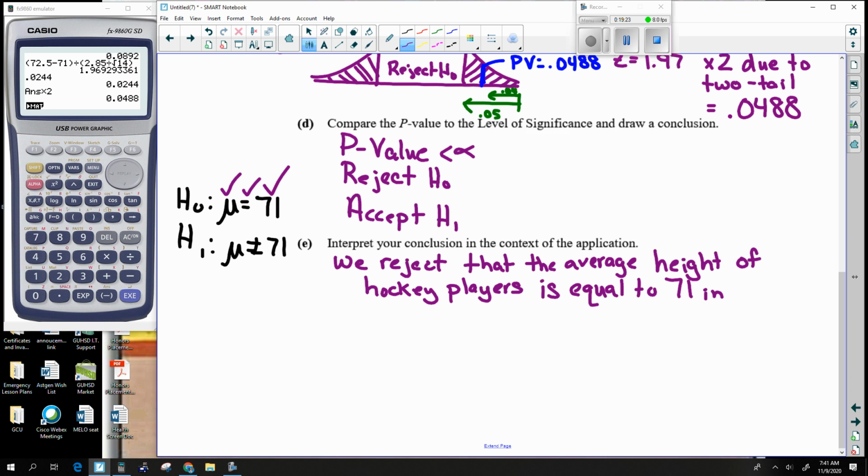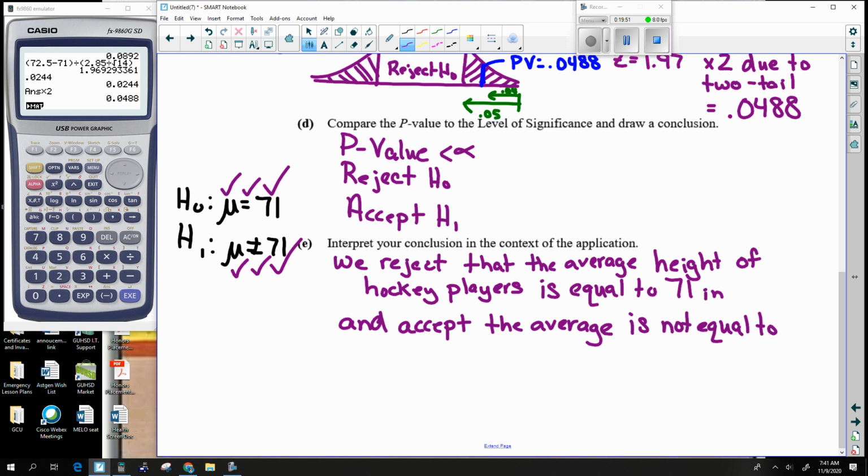So we reject H naught and accept the average. I already used the context, so I don't have to describe that this is hockey players, as long as you say it once. Middle symbol is not equal to 71. We reject that the average height of hockey players is equal to 71 inches and accept that the average is not equal to 71 inches.